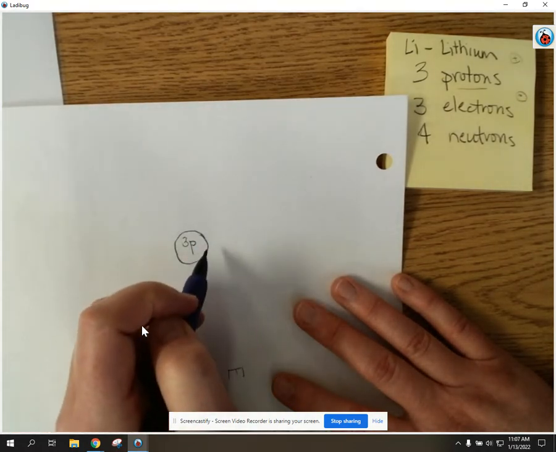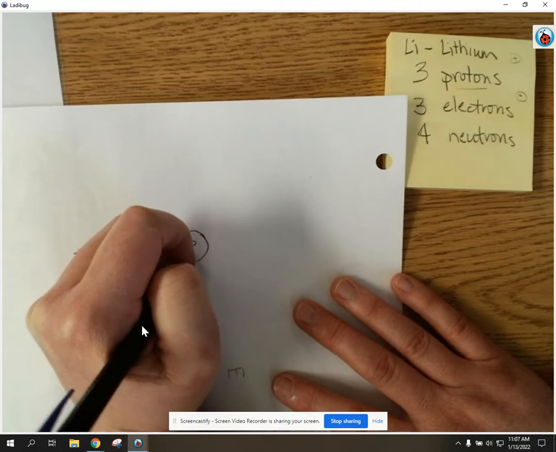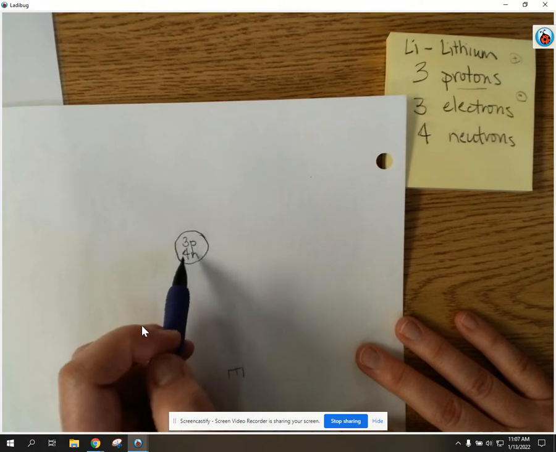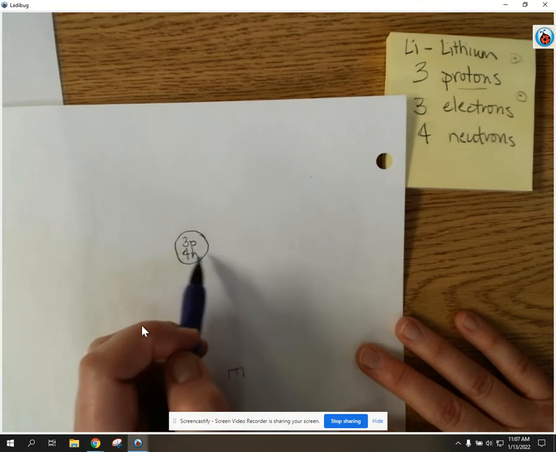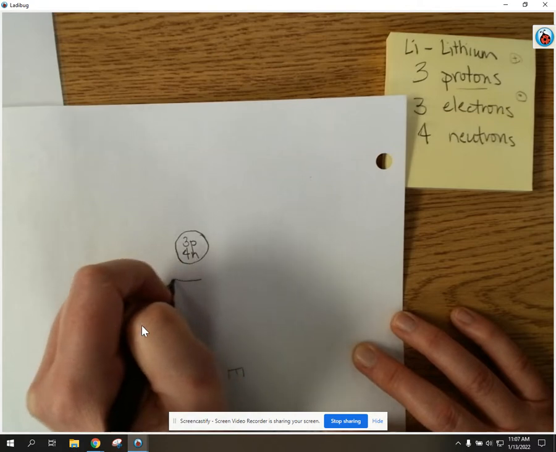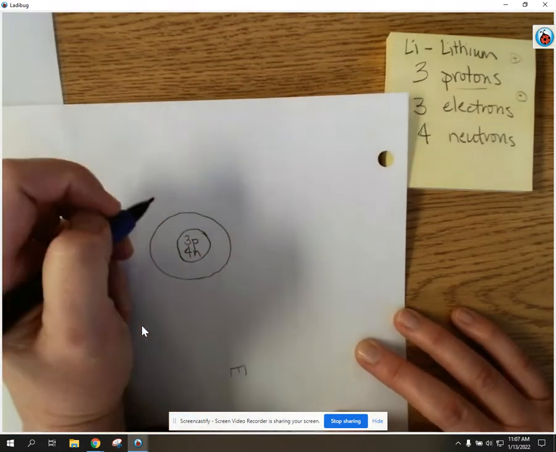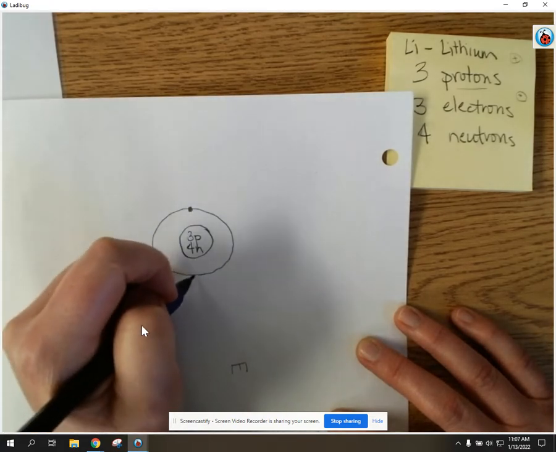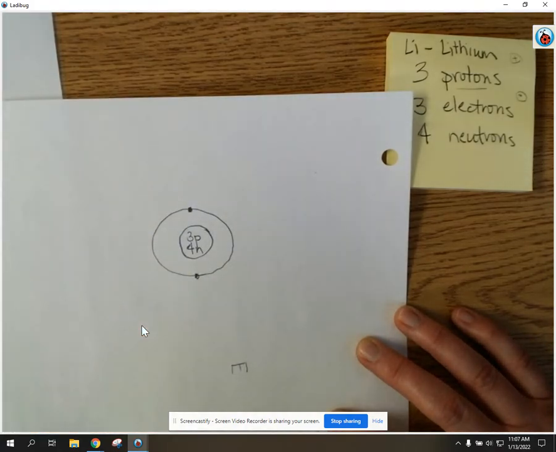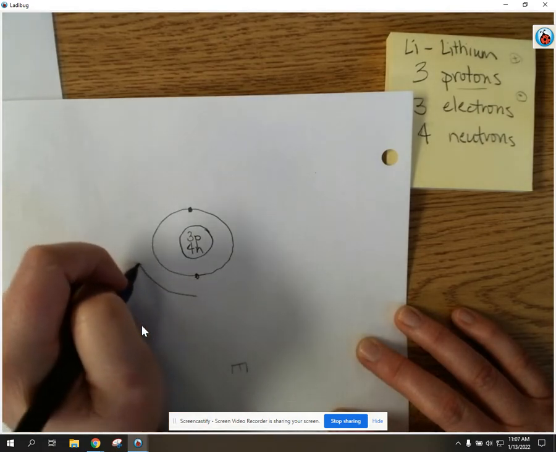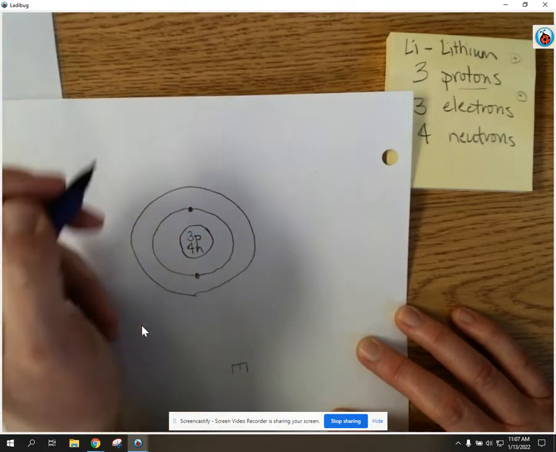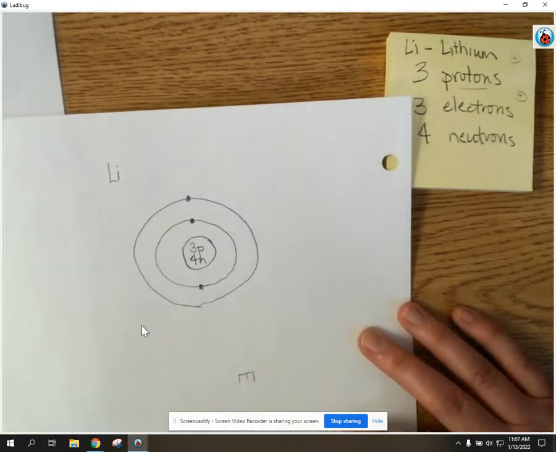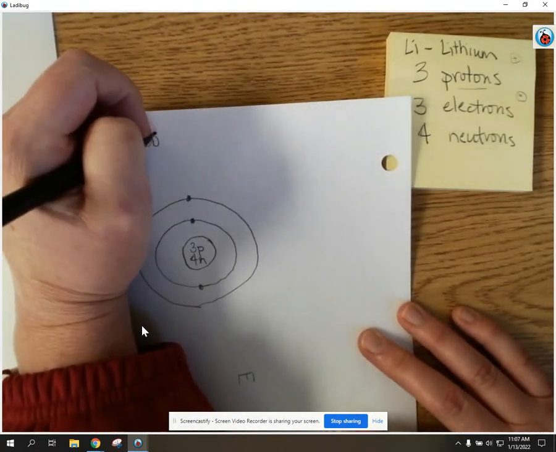Don't do the circles for me, it's hard to count them, because there can get to be a lot of protons and neutrons. So you're going to write 3p for 3 protons, 4n for 4 neutrons. This is in the nucleus. In my first energy level, I'm going to put an electron here at the top. This is going to be our pattern. We're going to start at the top and one at the bottom, because that's all it can hold. And then in our second level, we're also going to start at the top. So this would be what your drawing of a Bohr model of lithium would look like.